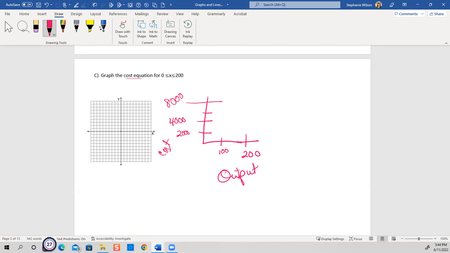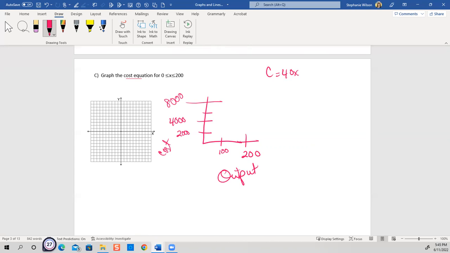All right. So when we graph that, we go to the ordered pair where it actually crosses, (0, 300), and you can start plugging in points.